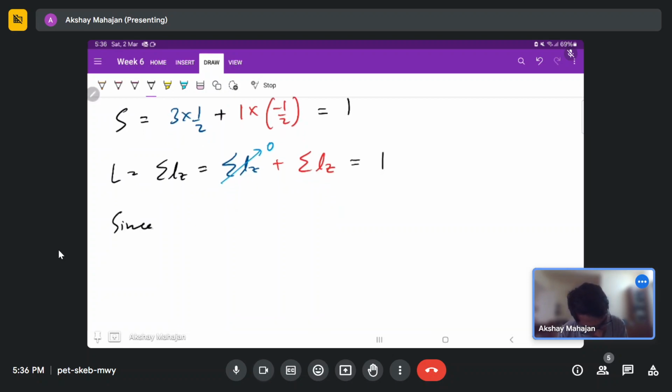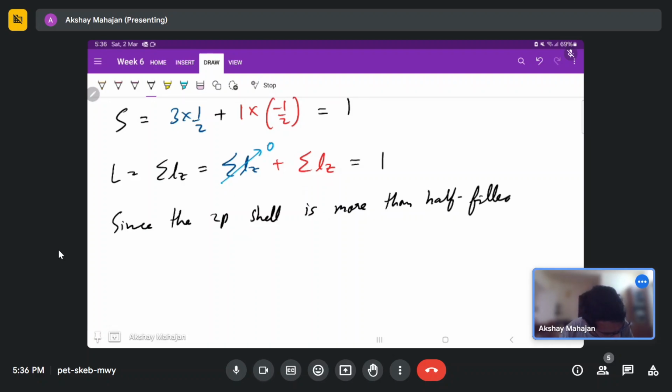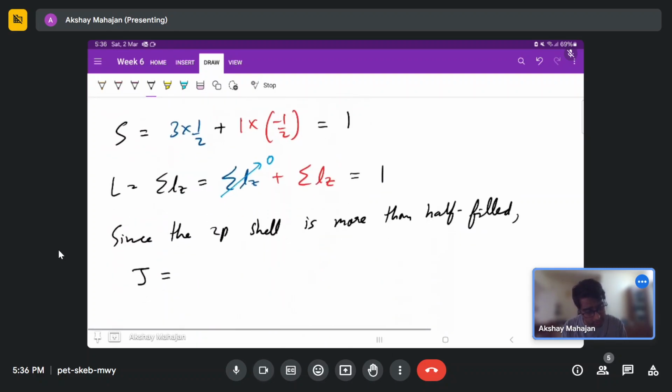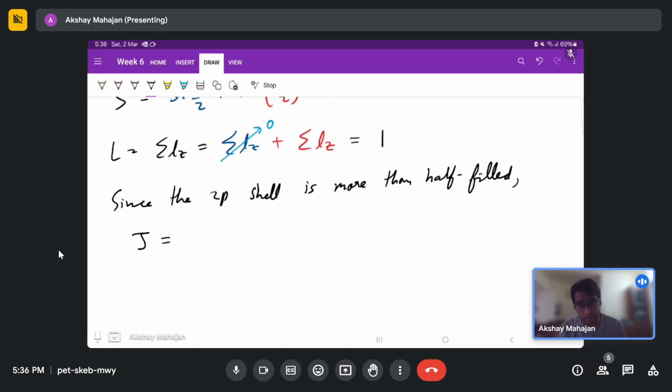Now for J we will go to Hund's third rule. Since the 2p shell is more than half filled, J will be given by L plus S. It is half filled when there are 3 electrons, because the maximum we can fill here is 6 electrons, and we have actually filled 4 electrons, so it is more than half filled.